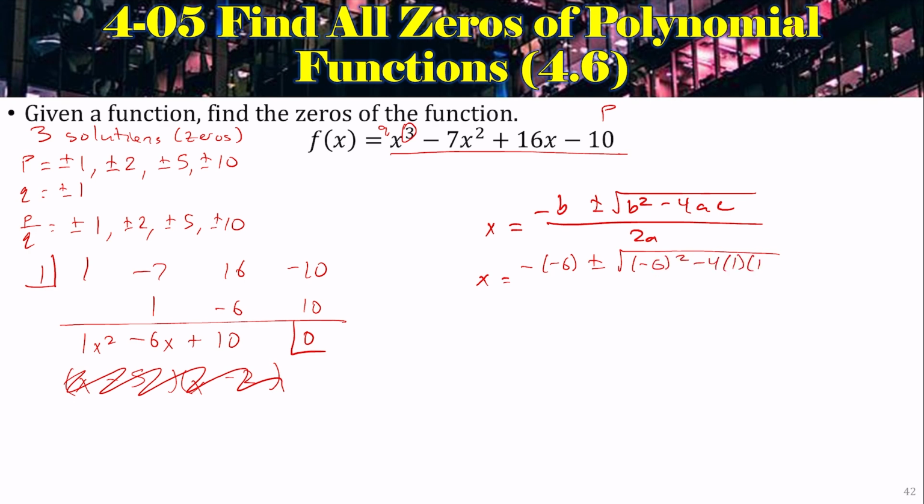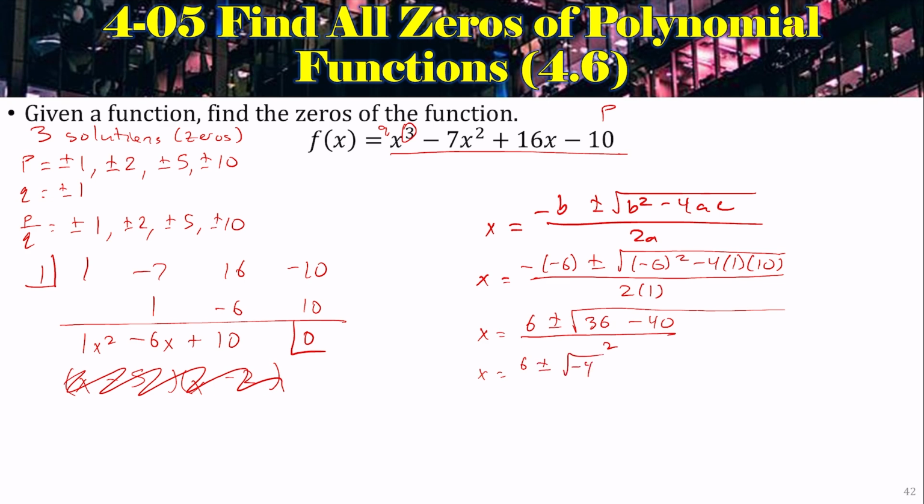A is 1, c is 10. So it's 6 plus and minus the square root of 36 minus 40. It's -4. So that is 6 plus and minus 2i.